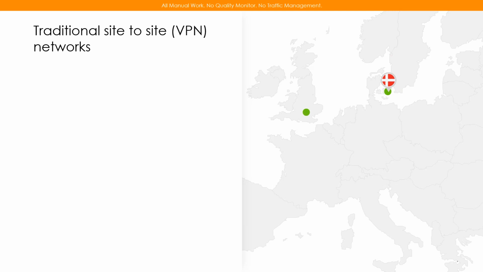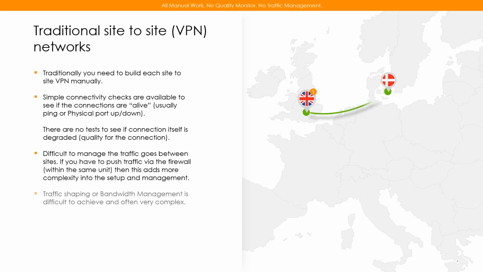So let's give you some examples. If we look at the traditional VPN networks, traditionally you build up a site to site and you do a VPN manually to each site. And to check the connectivity between them in our traditional VPN, you can only see if the connection is alive or that the port is up or that the link is there.